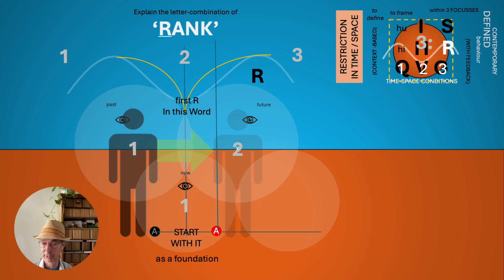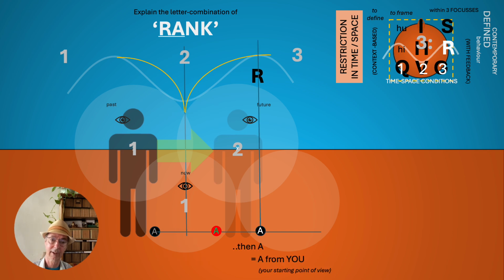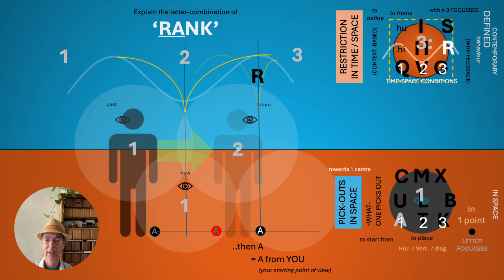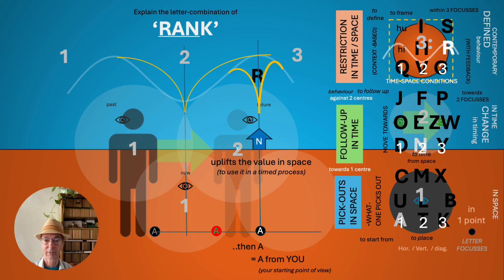No, that's not the position of A, that's the position of K. I have to have it flipping to the next position that is possible, and the next position is the A of the other, so the A from you. So I have the viewpoint, also the starting point of view of the other, which I have to connect to. So the A in my position will be connected to. And that's what I will do.